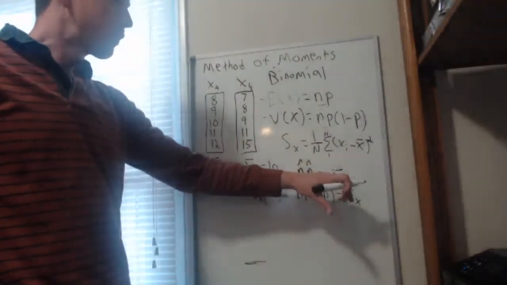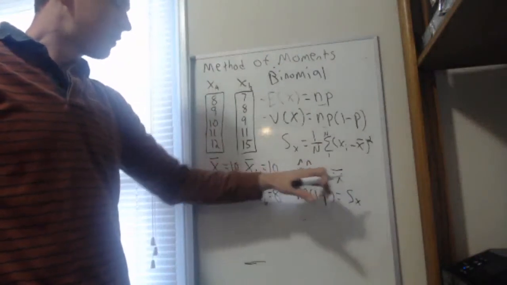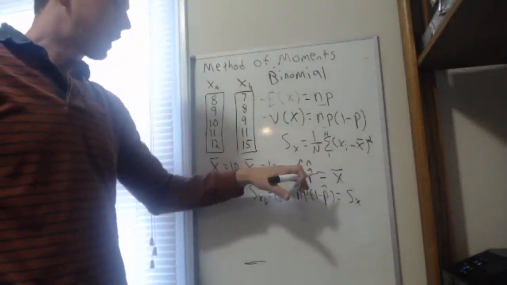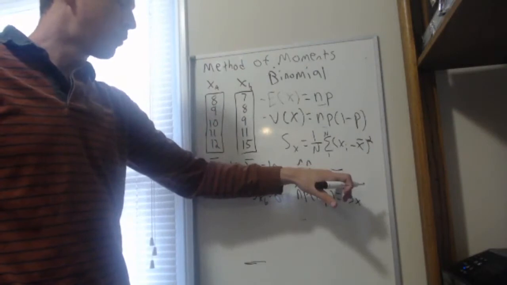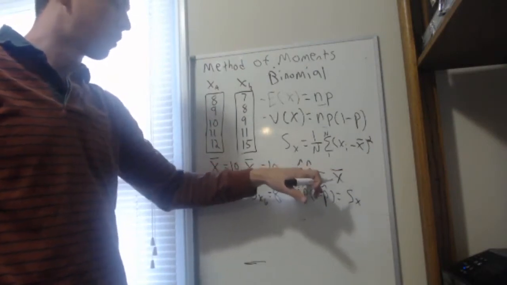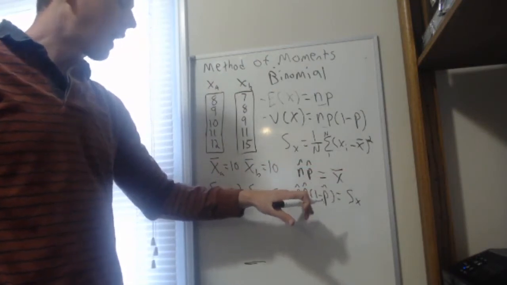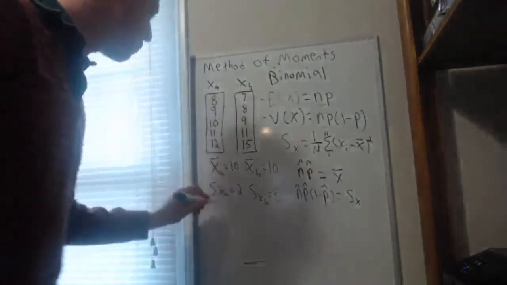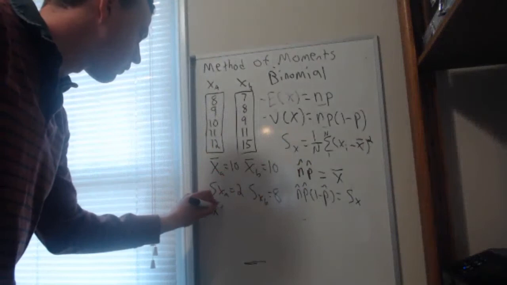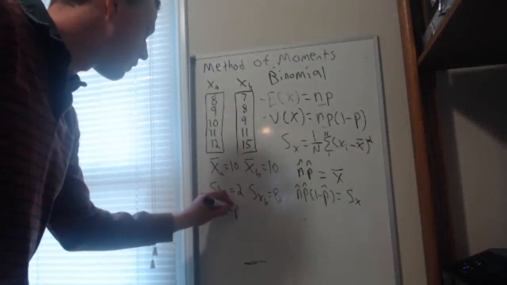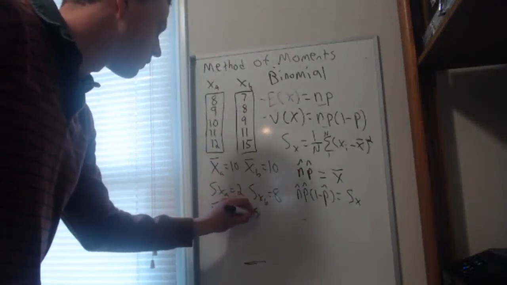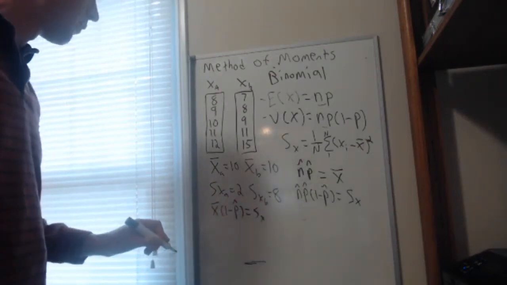Okay, so if x bar is equal to n hat times p hat, the sample mean is our best guess for the population mean. We can plug x bar in, and I'm going to rearrange this equation a little bit so you get that x bar times 1 minus p hat equals s of x.